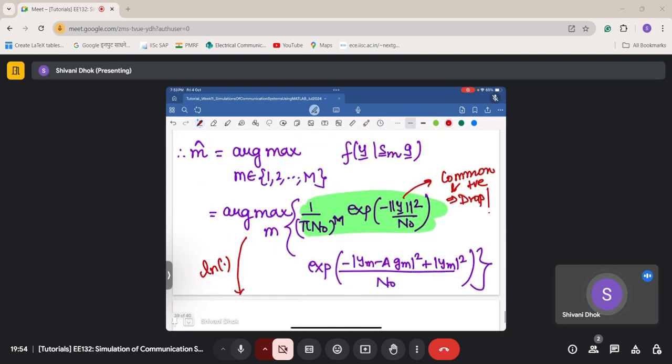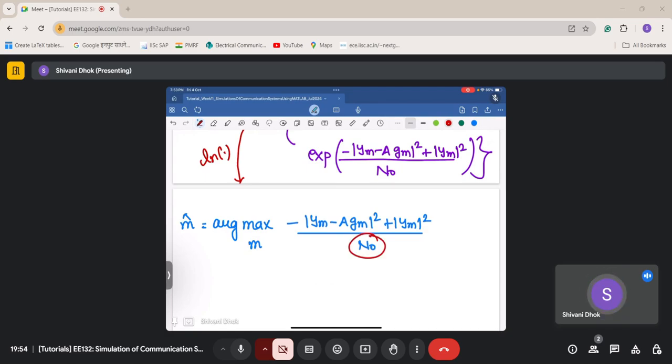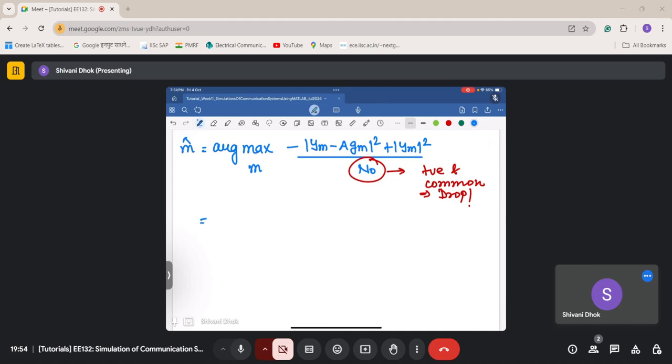So what we are left with now is m hat equal to argmax over m of minus |ym minus a gm|^2 plus |ym|^2 by N0. Again this is a positive quantity and common, we can just drop it. So what we have is argmax over m.